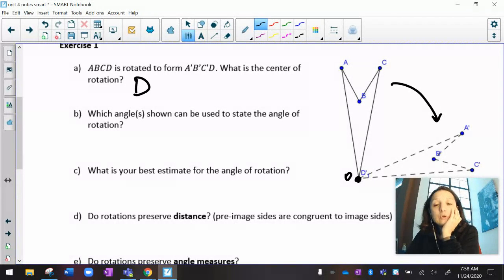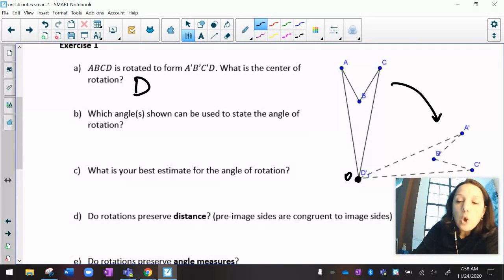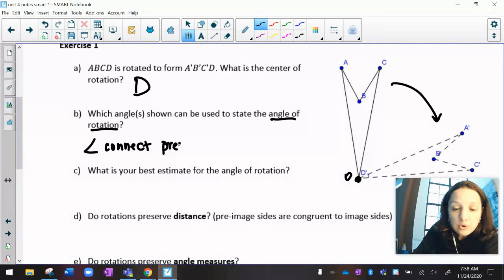Which angle or angles shown can be used to state the angle of rotation? Okay, so here's a new thing. When you want to find the angle of rotation, you make that angle by connecting the pre-image to the center to the image.